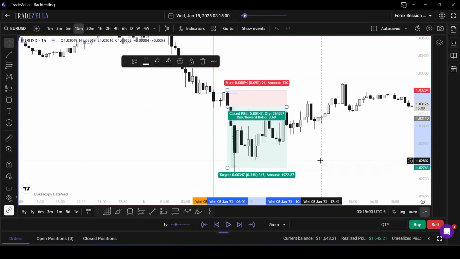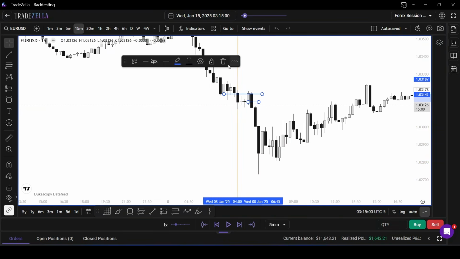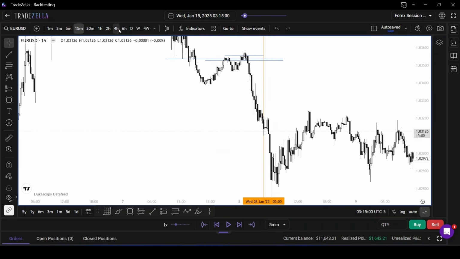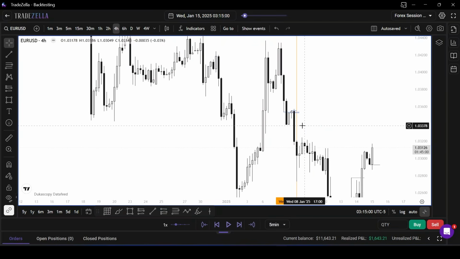So this is the knowledge I have been using throughout the backtesting session that we have been doing. This is the exact knowledge that I have been using to anticipate the weekly candle or the daily candle or the 4-hour candle or the hourly or 30-minute candle, right? So if you are confused or struggling with your directional bias on the 15-minute time frame, take a look at the 4-hour time frame and everything will become clear for you.